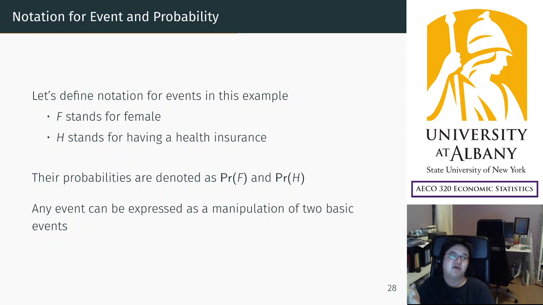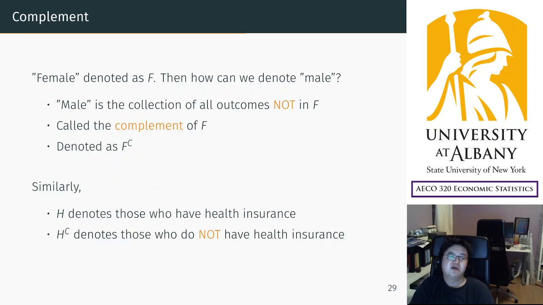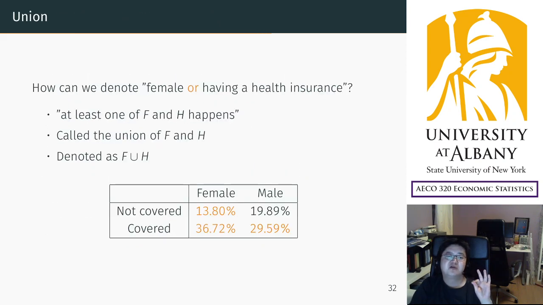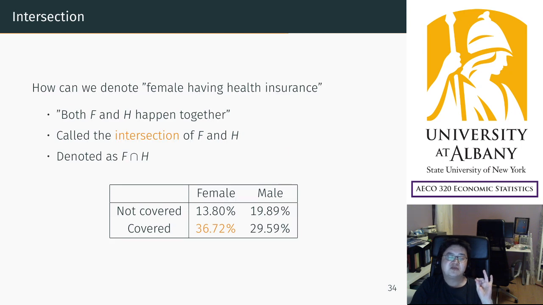So we defined notation for two events and probability, and we learned complement, union and intersection. These three operations are very common and important because now we are considering only the 2x2 case, but of course, in reality, your data would be much more complicated than this. You may have more than two variables and more than two outcomes for each variable.